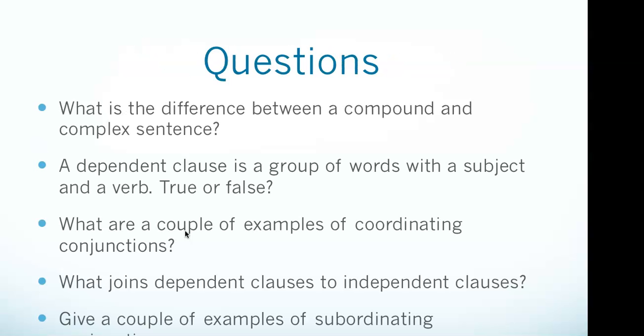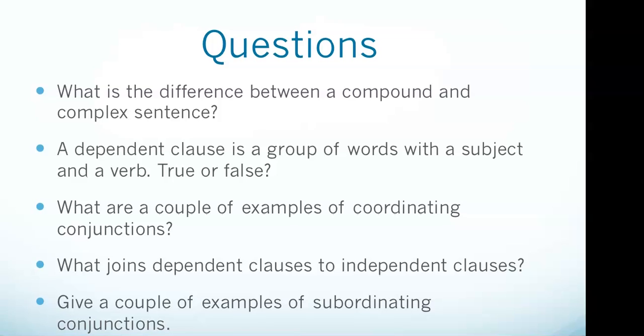Okay, and then we jump back into the questions. Let me get it so we can see this bottom part. There we go. So we go back into our questions. We've gone over all of this stuff, and you should be able to answer these. If you have to go back into the video again to find the answers, that's perfectly fine, and that's actually the way we get this stuff encoded into our memory, so we're really ready to go.